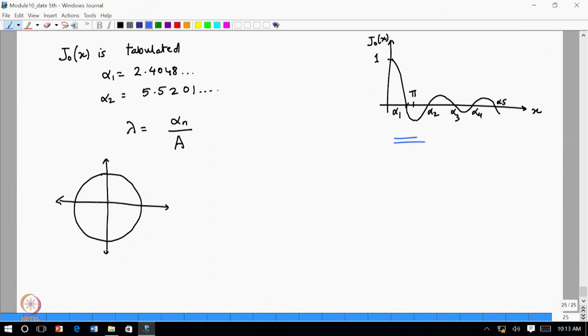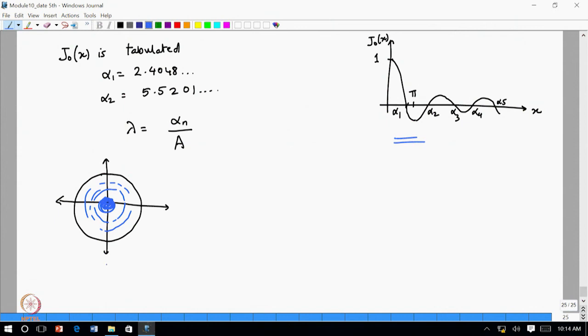I will just show it by a dark color, and then it becomes smaller and smaller before it becomes very small and goes to 0 at the boundary.